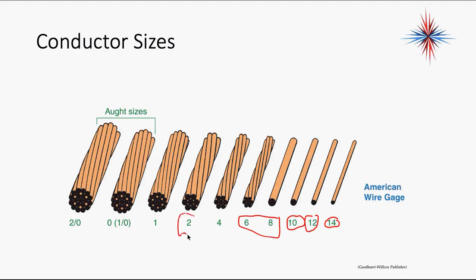If you're working on commercial chillers, and I'll try to find the picture I took of this, you might come across 2. Very, very heavy. You're talking about maybe a 400 amp circuit. Very heavy wiring. So again, wire size: the lower the number, the larger the wire, the larger the amperage.